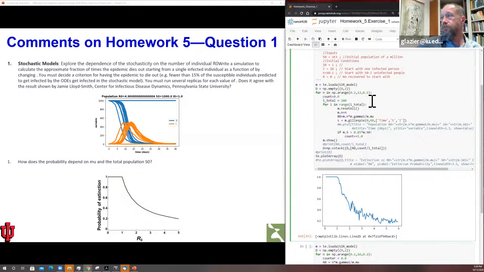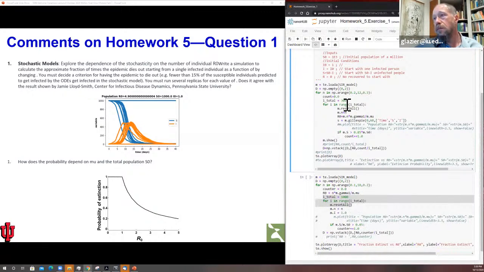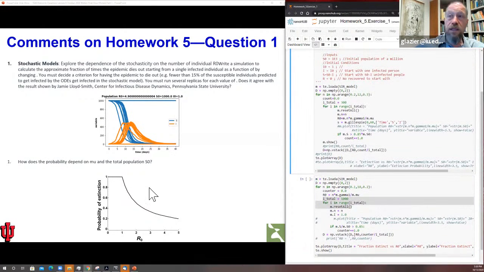Maybe 0.1 is a little bit too fine a resolution, so let's make it 0.3. But let's run a little bit more replicas. And we can talk while it's running. But this now basically solves the first part of the homework problem.